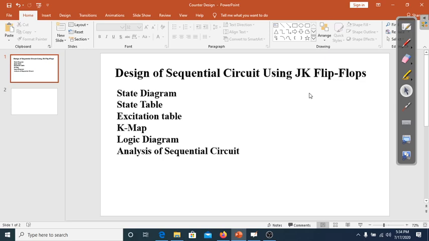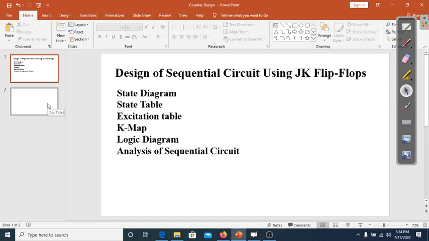Then the next step is the K-map. Then after K-map, we design the sequential circuit, and finally we can analyze the sequential circuit by taking into account its working. Now let me start with an example.